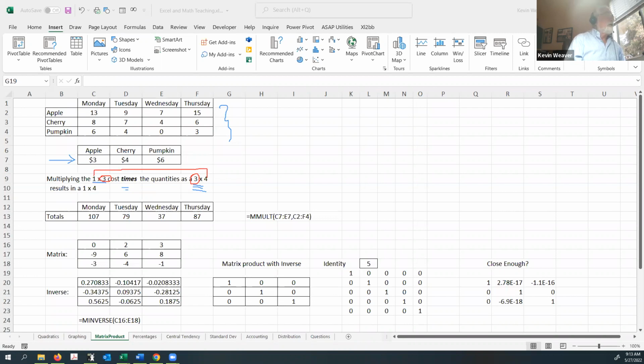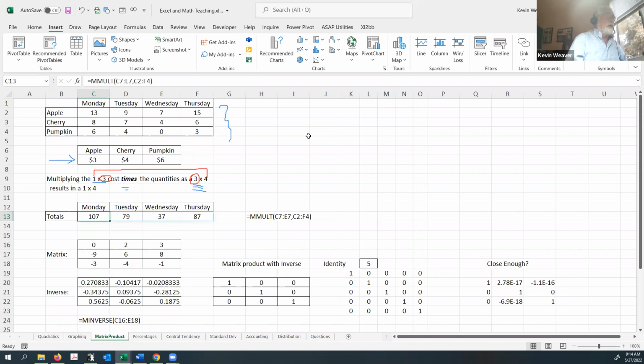And so here is my matrix product, which is also dynamic in that I simply have to tell it to use the M-mult for a matrix multiplication.